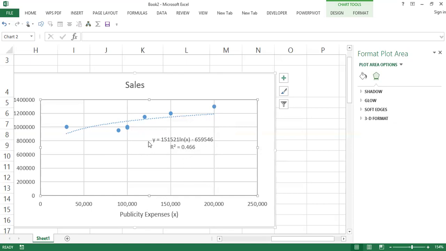For logarithmic, you can see the equation utilizes the natural log, which effectively will reduce the number. So y becomes a relatively small number. I hope this is not abstract to us.